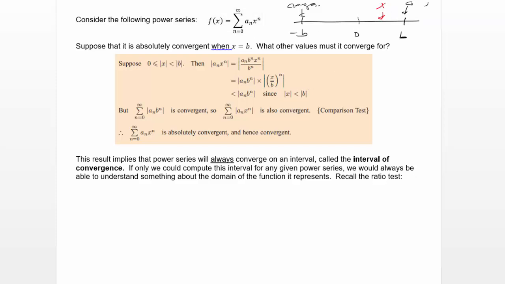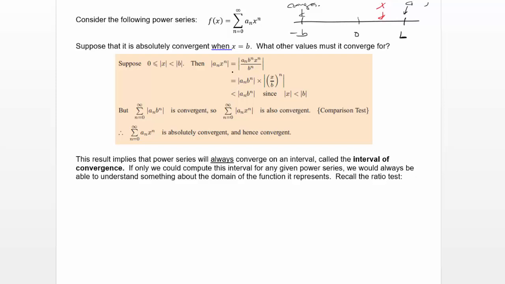then does this function converge at x? It turns out you can show that it does, and this is one explanation for why it would. By choosing an x that's somewhere smaller than b but greater than 0, or in the interval between minus b and b, it's not that hard to show by the comparison test that the same series also converges.